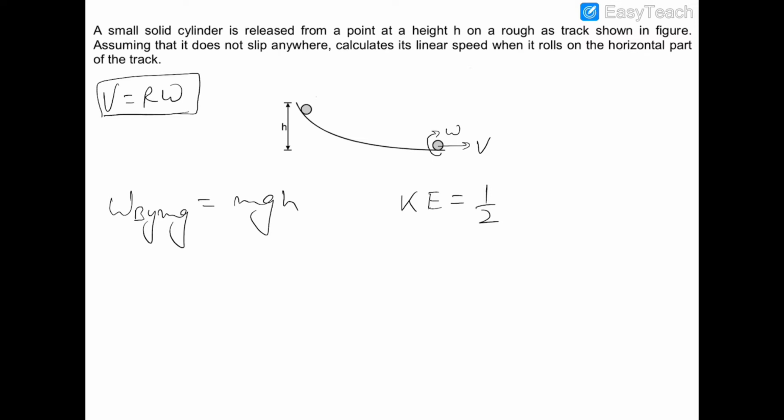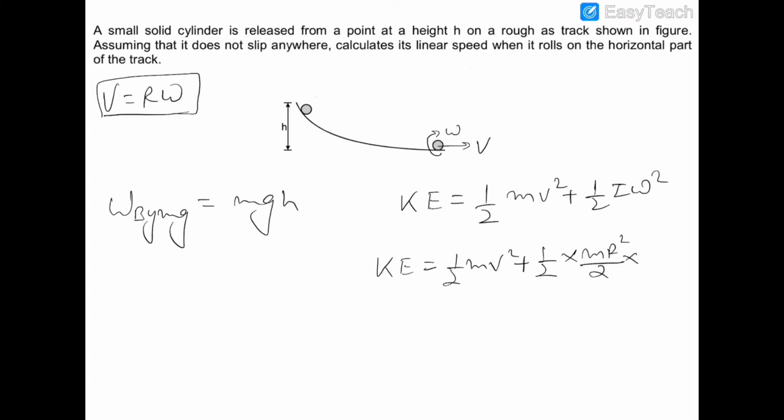So the kinetic energy of the cylinder would be half mv square plus half I omega square, because the cylinder is rolling as well as translating. So this is half mv square plus half I. The moment of inertia of the solid cylinder is mr square by 2, and omega is equal to v by r. So this is v square by r square.